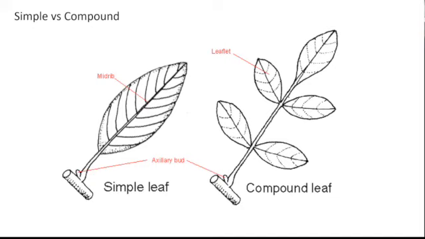You'll also want to know how to tell the difference between a simple or a compound leaf. So on the right, some people might think that these are 5 separate leaves on a stem, but they're actually not. It's one single compound leaf. And the good way to tell that is to look for that axillary bud along the stem.